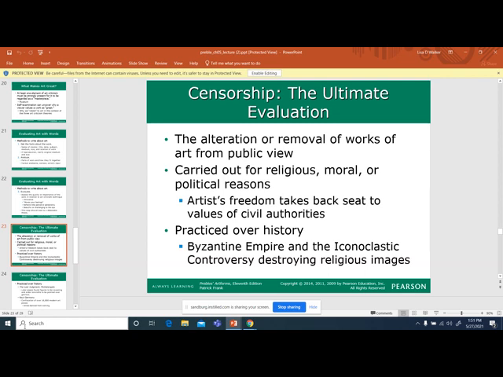Censorship has been practiced across history. In the Byzantine Empire, there were certain things that were not acceptable. There have been many iconoclastic movements across time where art has been destroyed because of one reason or another. Much Catholic art was destroyed in France after the French Revolution because many of the people who had survived were angry with the Catholic Church.